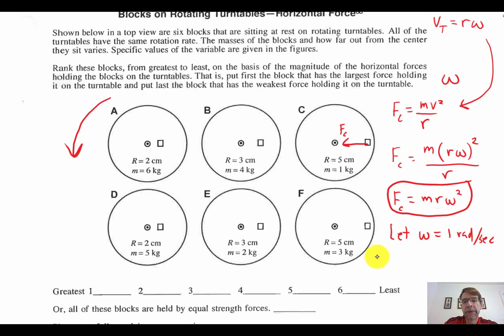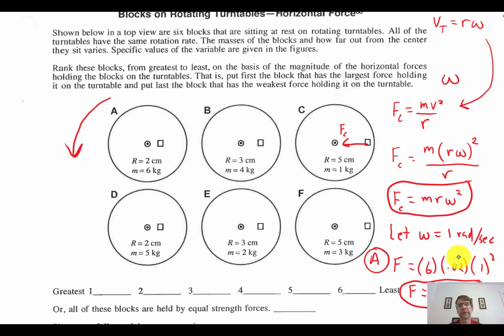So for example, in situation A, the force equals the mass, which is 6, times r, which is 0.02, times 1 squared. So the centripetal force, the force acting on it, is 6 times 0.02, which would be 0.12 newtons, towards the center.